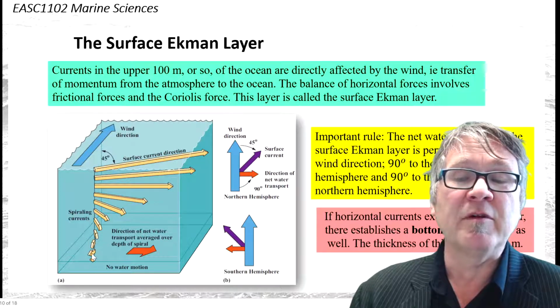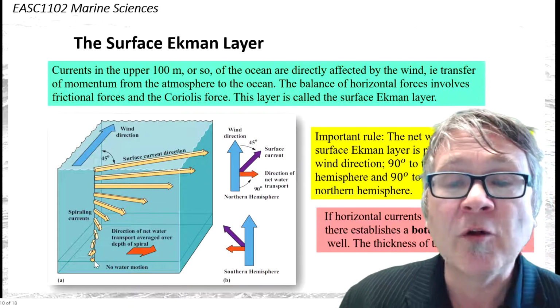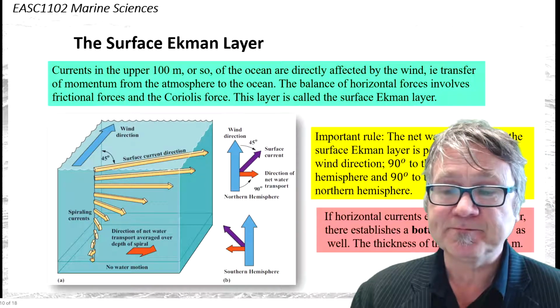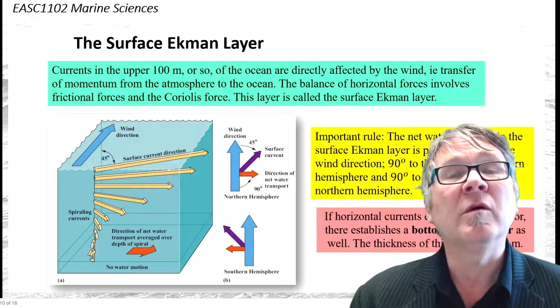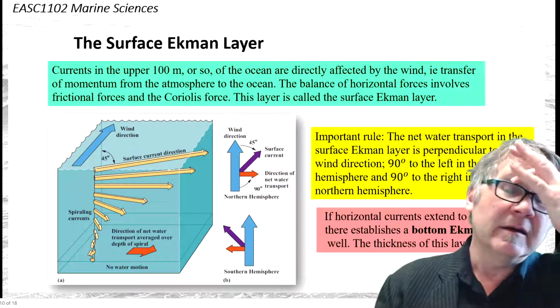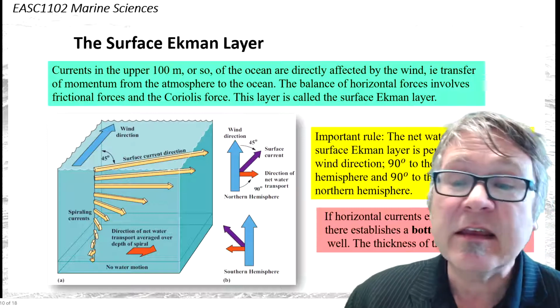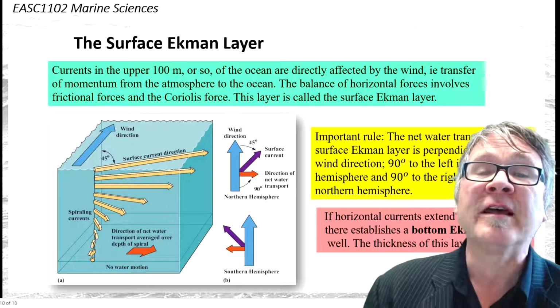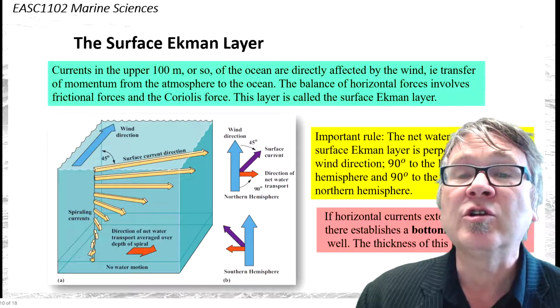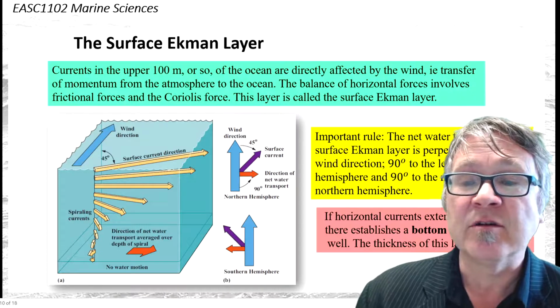It becomes very weak, but the flow runs opposite to the surface flow. This is what we call the Ekman spiral and the surface Ekman layer. You get these structures. In the southern hemisphere, you get a deflection 45 degrees to the left in the surface current.